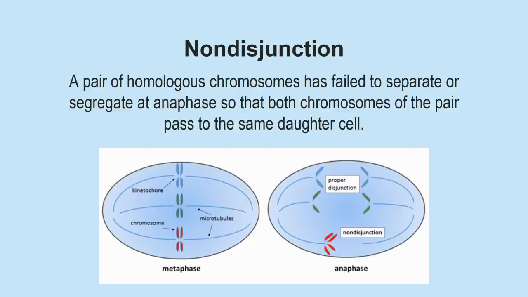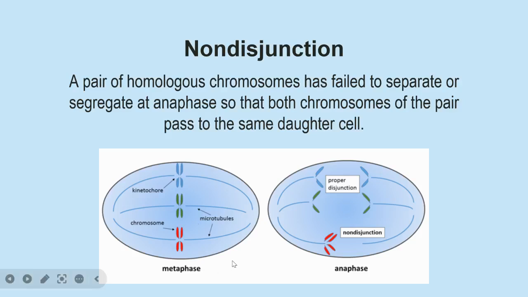So what is non-disjunction now? When we say non-disjunction, it is when a pair of homologous chromosomes has failed to separate or segregate at anaphase, so that both chromosomes of the pair pass to the same daughter cell.